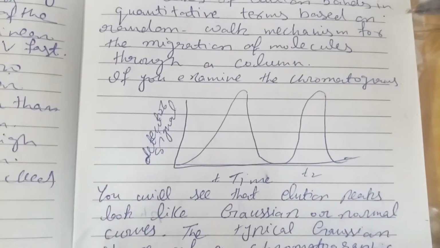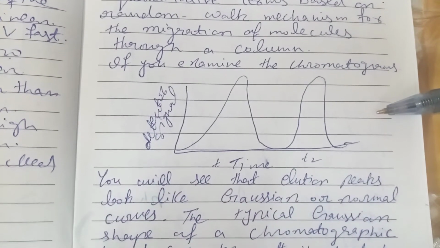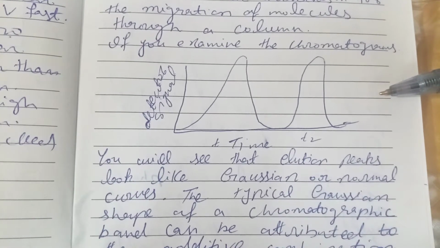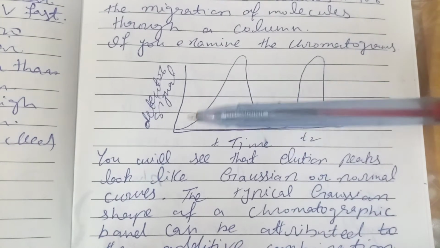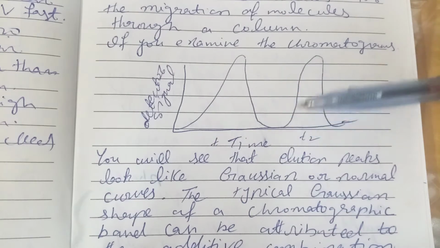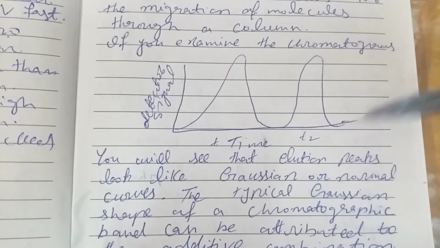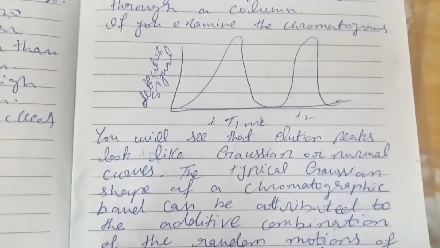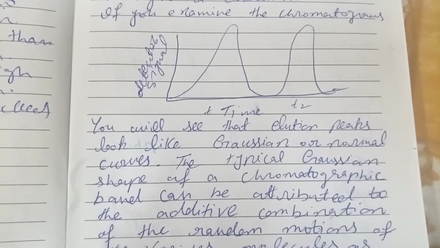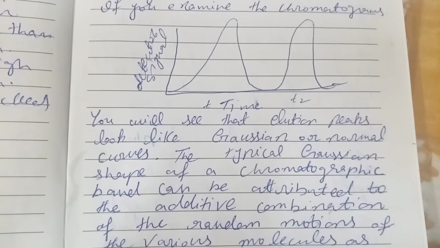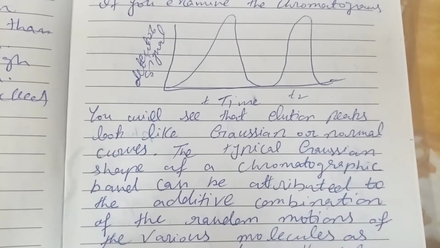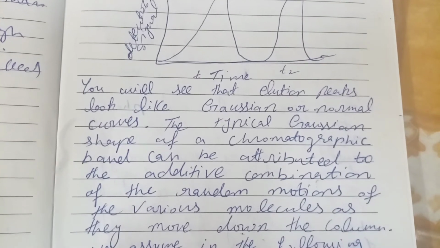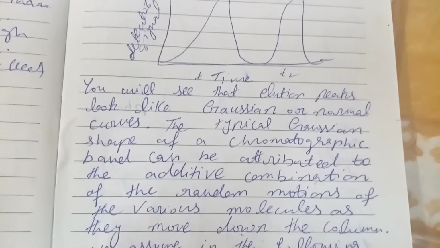Now, if you examine this chromatogram, you will see that elution peaks look like Gaussian or normal curves. The typical Gaussian shape of a chromatographic band can be attributed to the additive combination of random motions of various molecules as they move down the column.